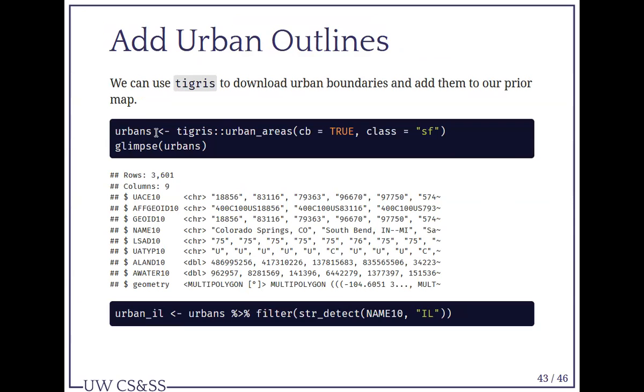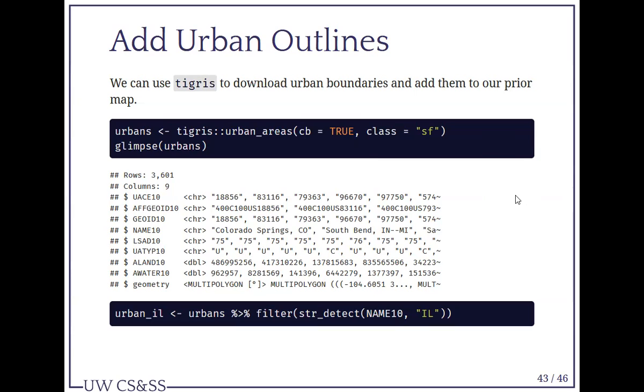So we're going to assign to urbans from the Tigris package, urban areas, with cb equal to true. This is simplifying the boundaries that we're asking for. And this is typically okay when we're as zoomed out as the state. If we want more granular maps, we probably don't want cb equal to true, but for here, that's fine.